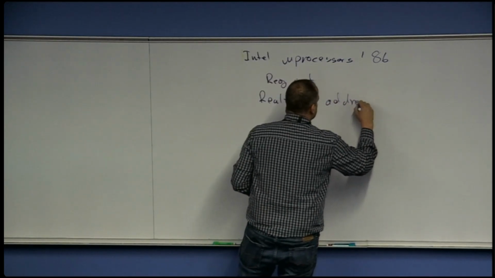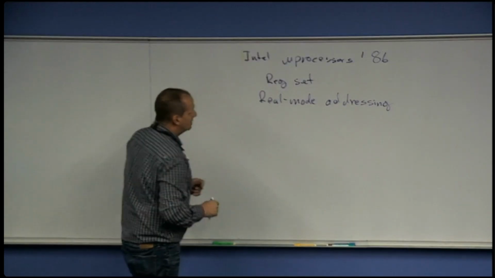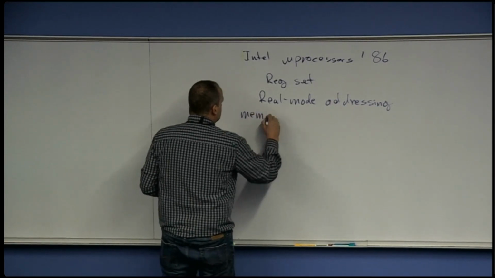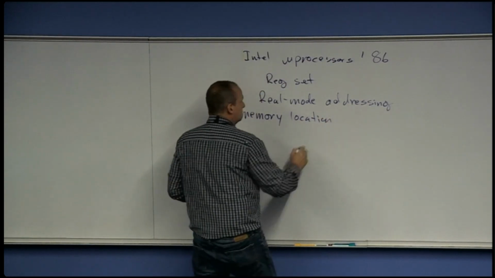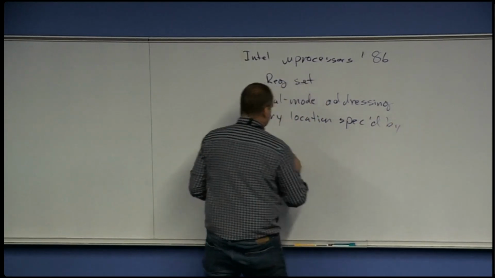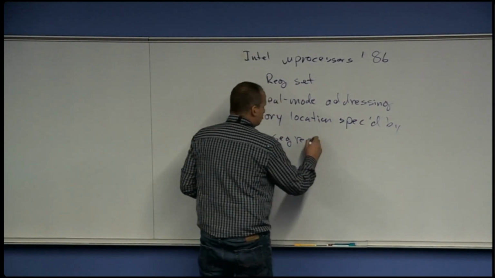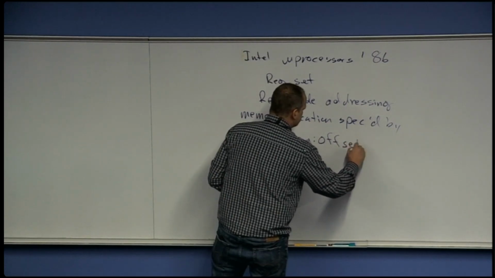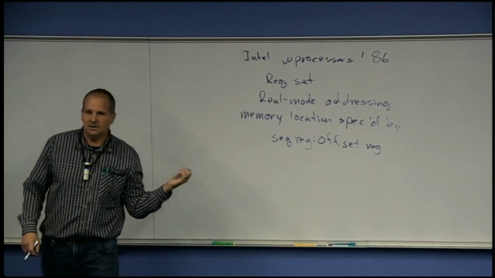I won't go into it too much, again for sake of time, but a memory location was specified by a segment register and what was called an offset register, and it was written that way.